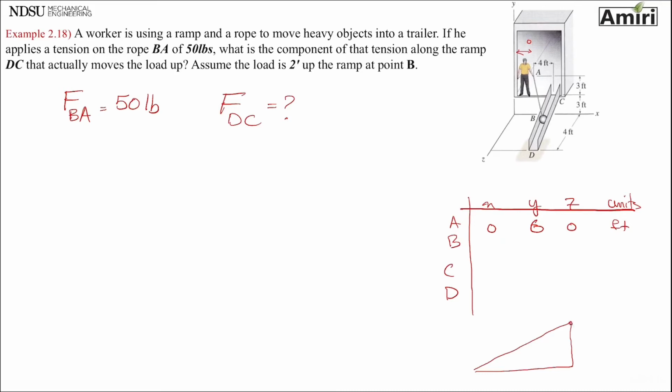This is point C, this is point D, and this is point B. This is 3. Point B is 2 feet up on the ramp. This entire length is 5 feet. This entire length is 4.